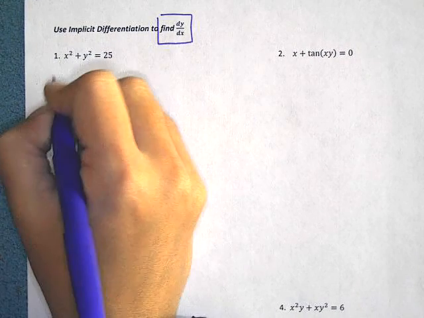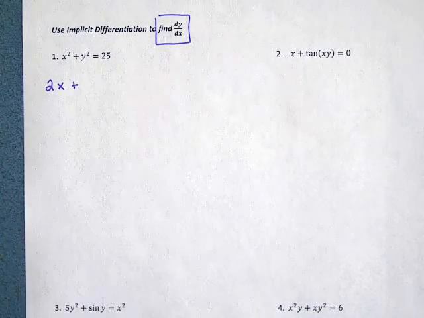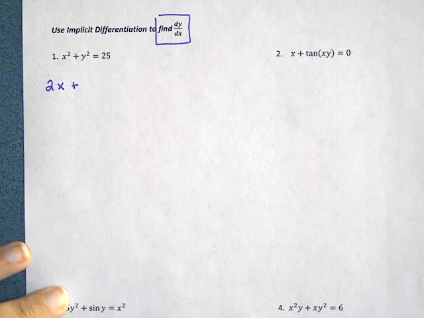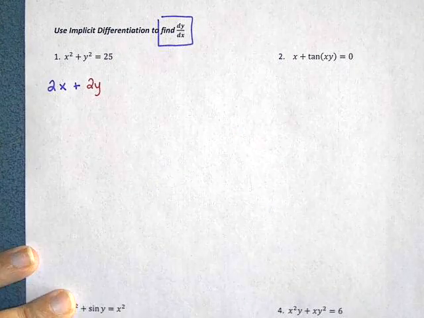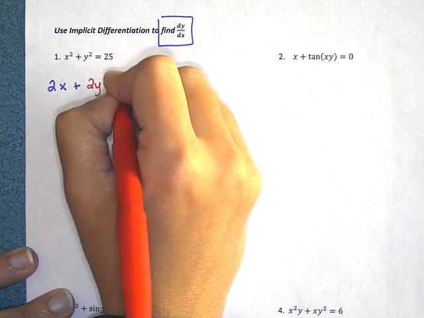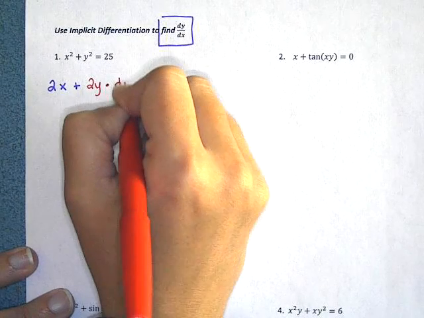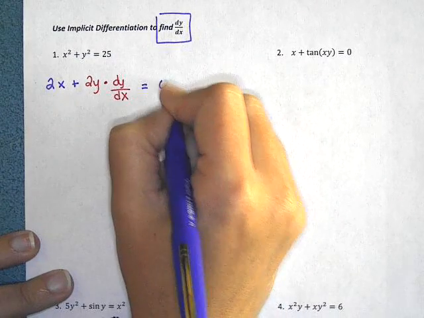The derivative of x squared would just be 2x plus the derivative of y squared, here's the new thing, I'm doing it in a new color, would be 2y, and then since we're taking the derivative of a y, we would write times dy dx equals the derivative of 25, which is 0.